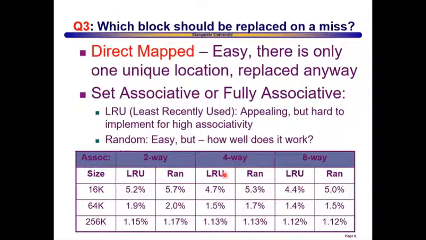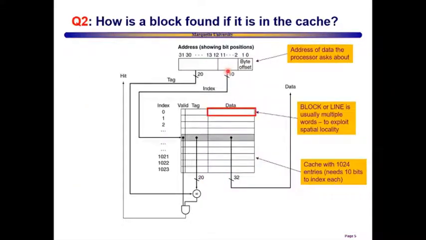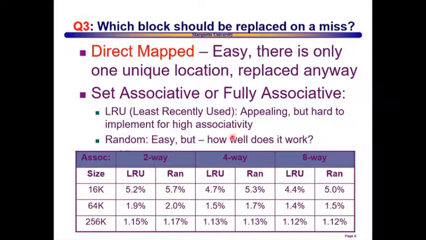Now, which block should be replaced on a miss? When the processor is asking about the data from a main memory address that is not cached, it doesn't exist in the cache entry at that location, that is a miss. In that case, the cache controller talks to the main memory controller and requests the data from the main memory.